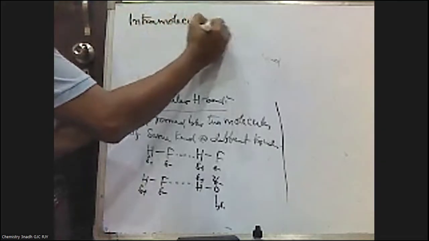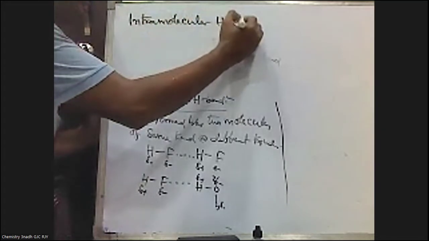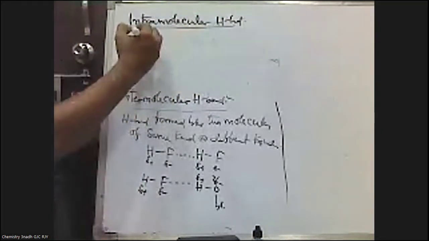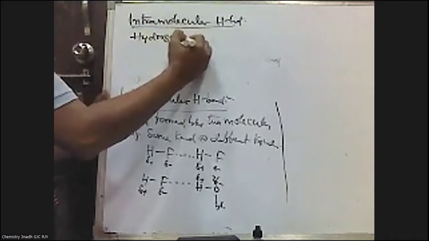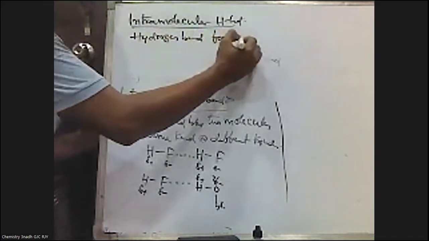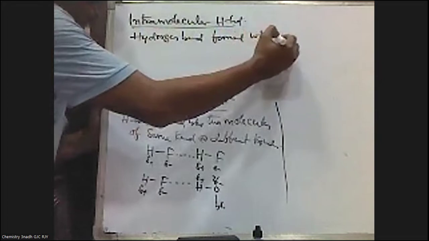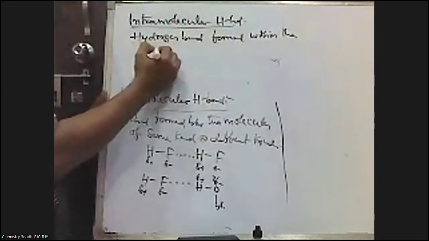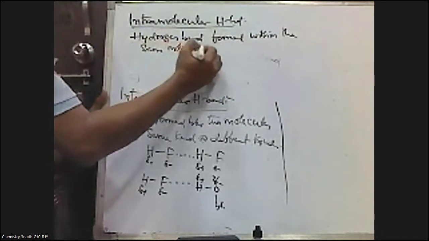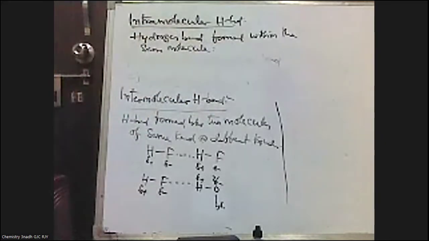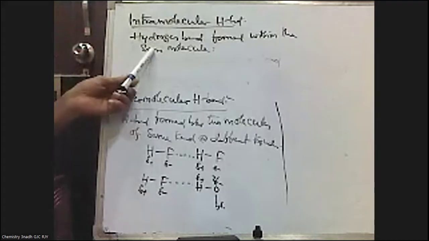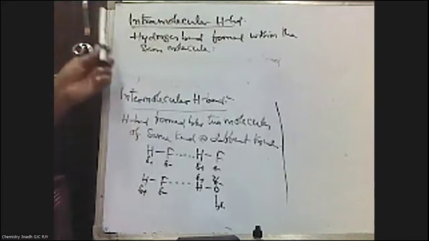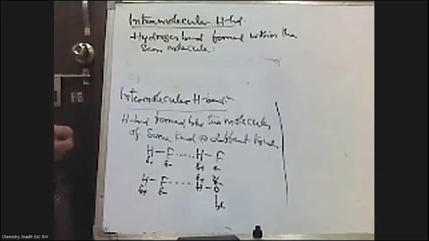Intramolecular hydrogen bond means hydrogen bond formed within the same molecule, and that is called intramolecular hydrogen bond. So hydrogen bond is forming, but within the same molecule. That one we are calling the intramolecular hydrogen bond.